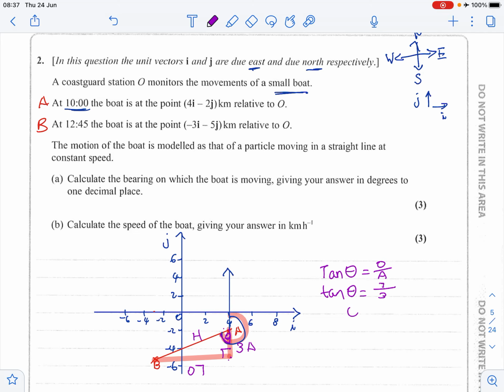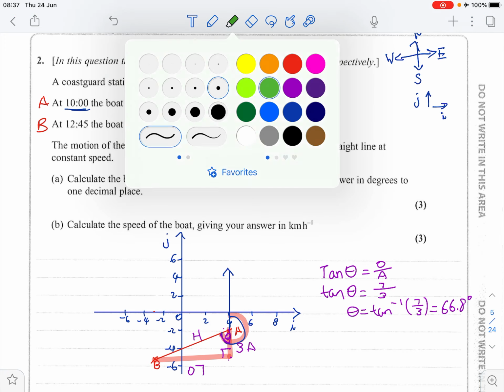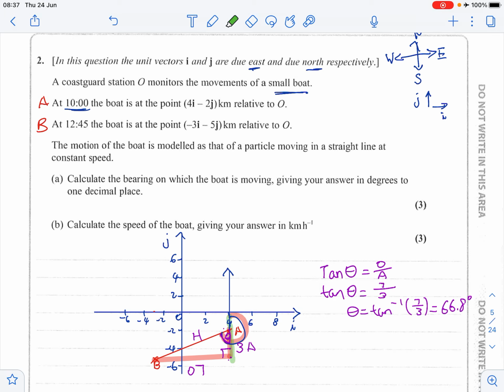So the angle equals 66.8. Then we have an angle on a straight line, which is 180. So our bearing would be 180 plus 66.8, which equals 246.8 degrees.